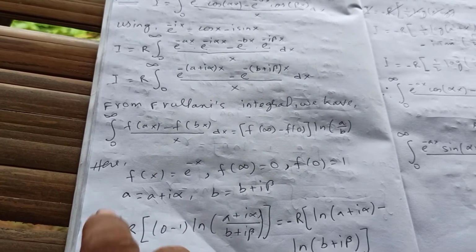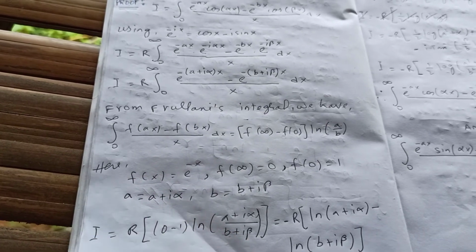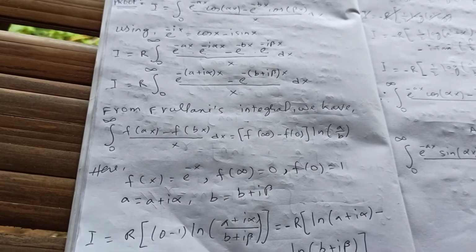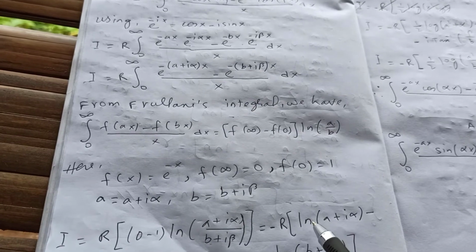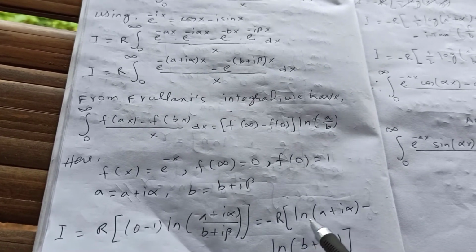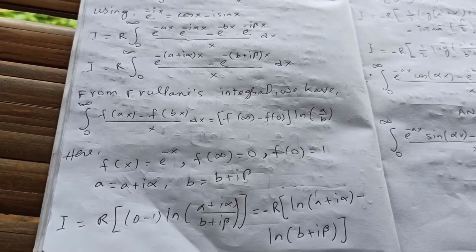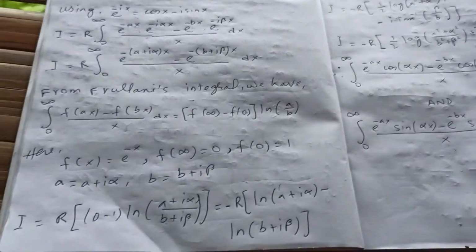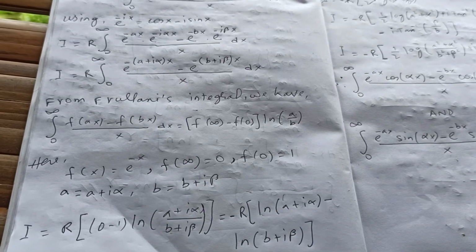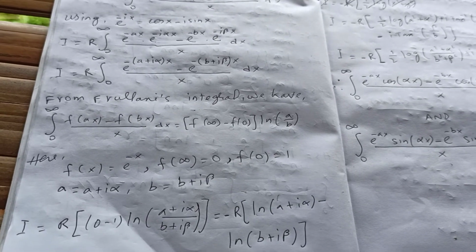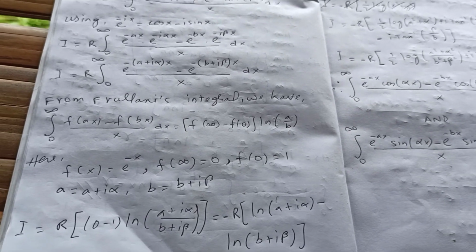I think I have already done how to separate the real part and imaginary part from this log, so here I'm not going to solve that. You can check the description box, I will give the link there.